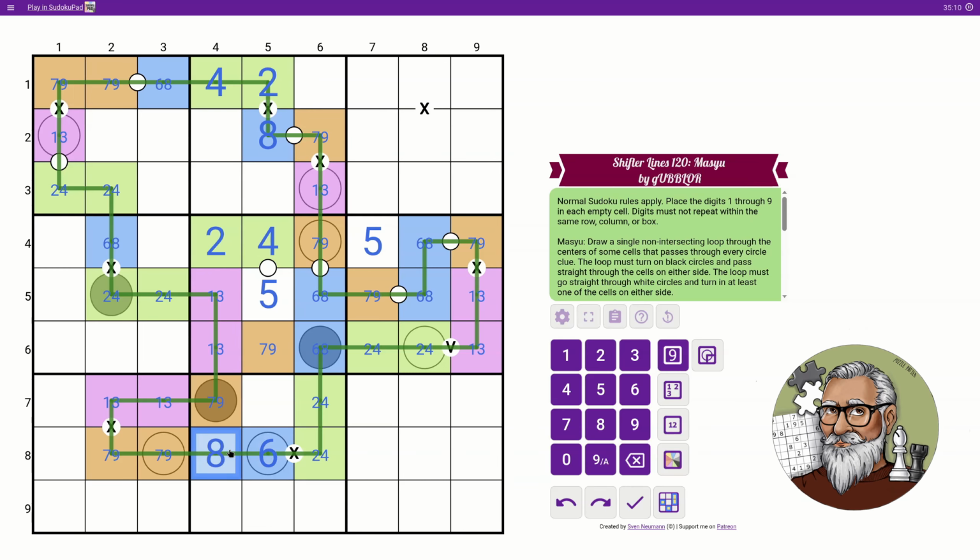This becomes an 8. And this 2, 4, 2. But I still don't know what these are because there's no way of doing this, is there? I have to figure out more. Somehow.